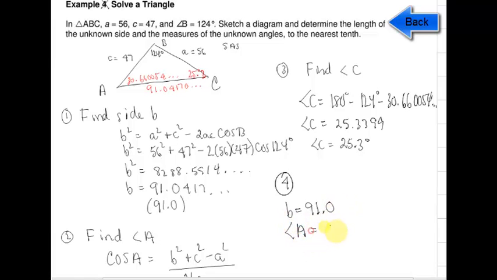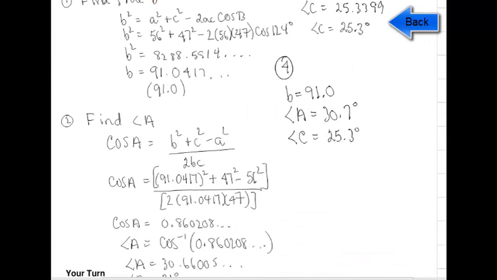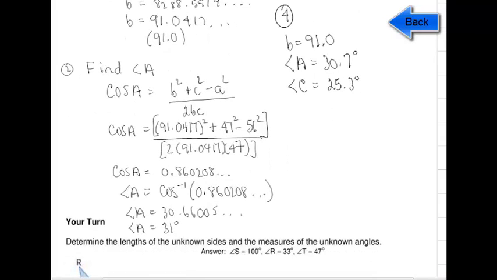Angle A is equal to 30.7 to the nearest tenth. And angle C is equal to 25.3 degrees to the nearest tenth. Okay, and that ends this discussion, but I'll just change this down here to 31.7 degrees. Okay, and then we'll do our last example on the next video.